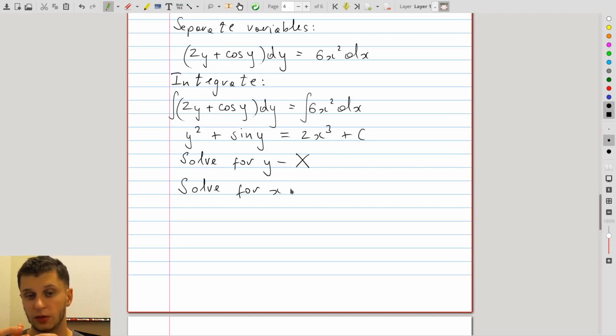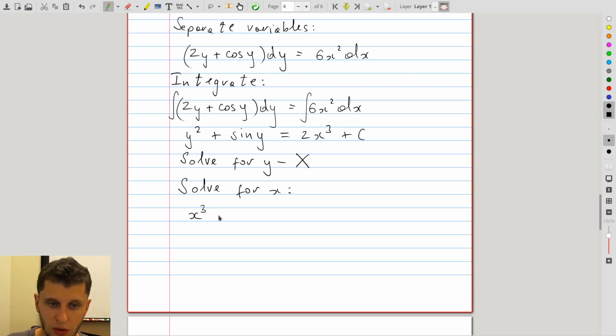So if we are willing to take the answer not as y being a function of x, but as x being a function of y, then we can in fact solve this equality here. And so we'll obtain that x cubed equals 1/2 of (y squared plus sine y) plus a constant.